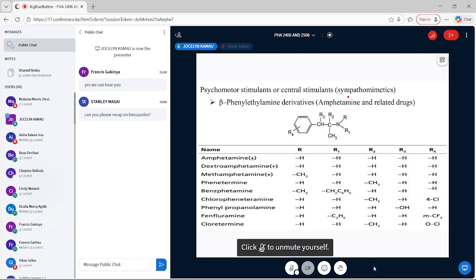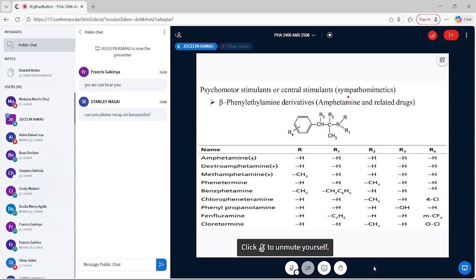If you look at that compound very keenly, you can still see your phenyl group. Then we go this way, carbon 1, that way, carbon 2, and then to the nitrogen. That nitrogen is only double bonded there. Even in this structure, you can still see the structural resemblance of this compound with dopamine and noradrenaline.